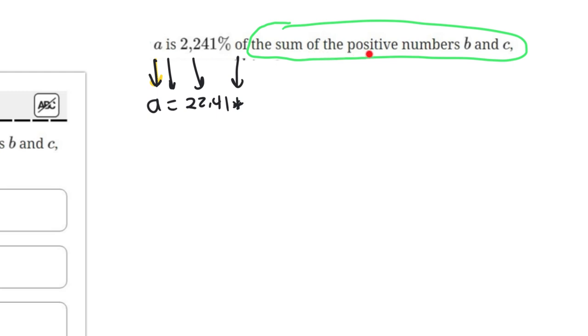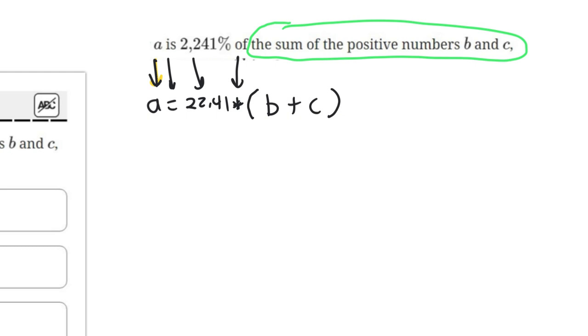The sum of the positive numbers b plus c. So that is a quantity where it's this entire quantity of b plus c. And of course, we're noting that b and c happen to be positive.